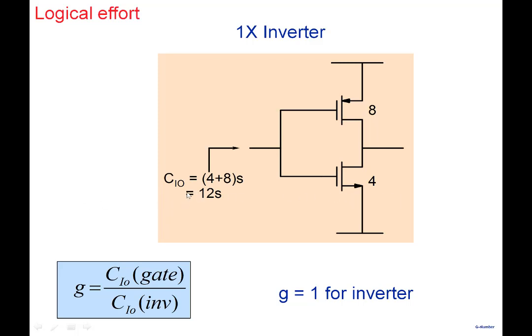This is our CI0, the input capacitance of an inverter of size 1. The logical effort for this one is nothing but unity for an inverter, since CI0 of the gate is the same as CI0 of the inverter. Anyway, we need to keep in mind that the input capacitance of a 1x inverter is 12s.